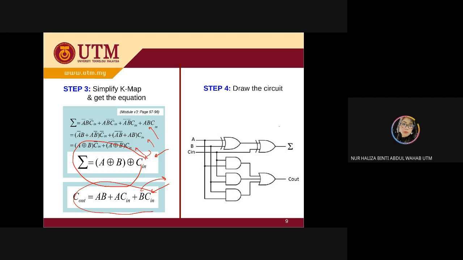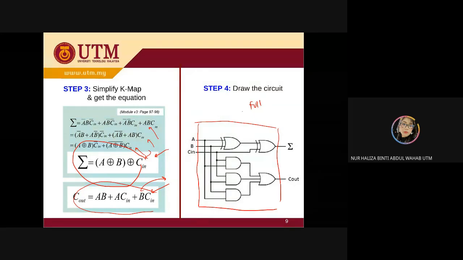So this is the full adder. You can see here, this is your full adder. You have 3 inputs and 2 outputs. Basically it is a combination of 2 half adders, if you look carefully, plus an OR gate, because you add 2 half adders and add an OR.